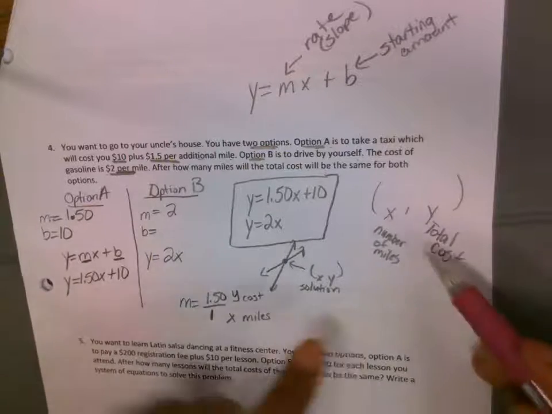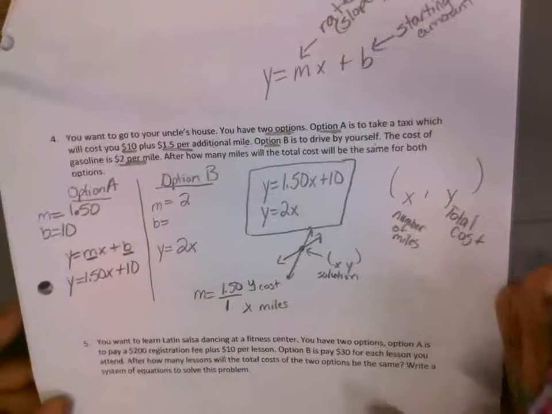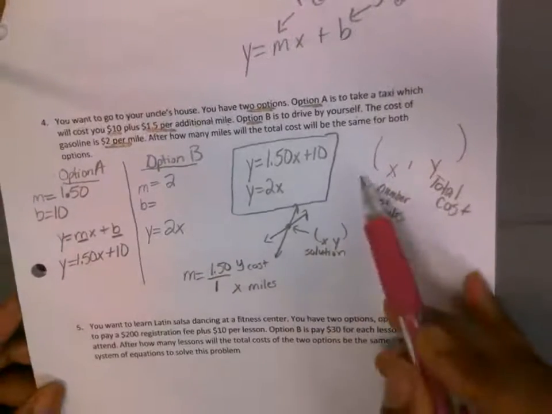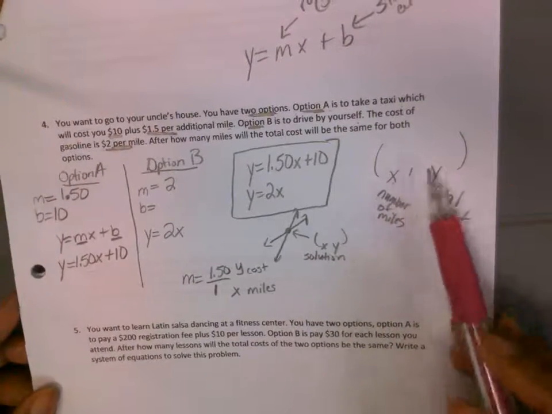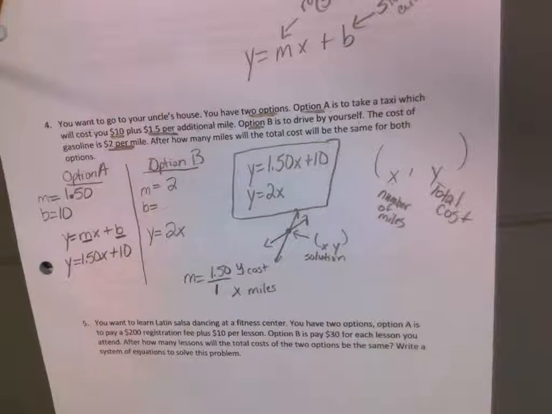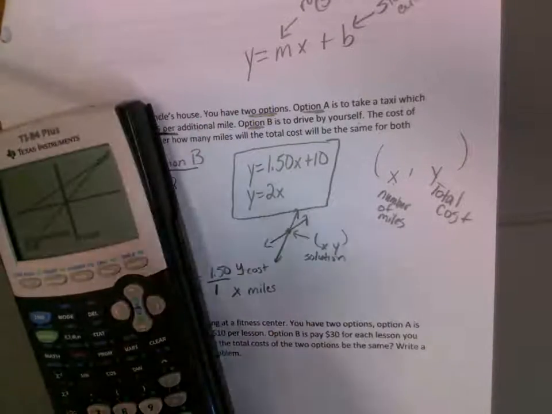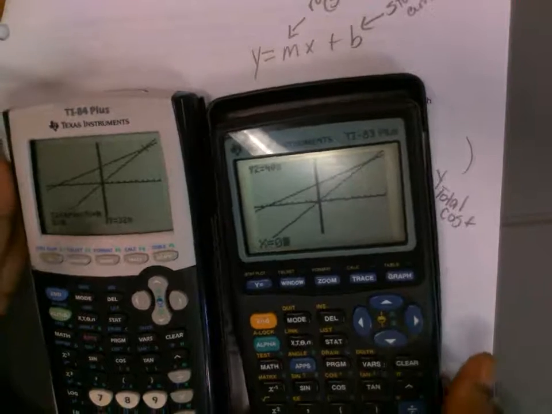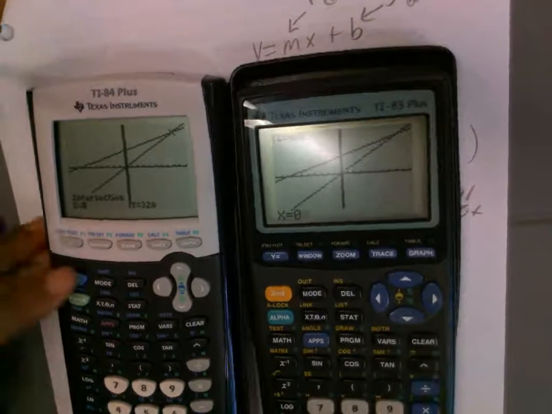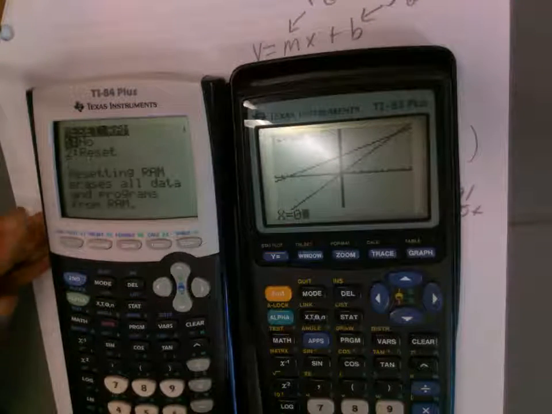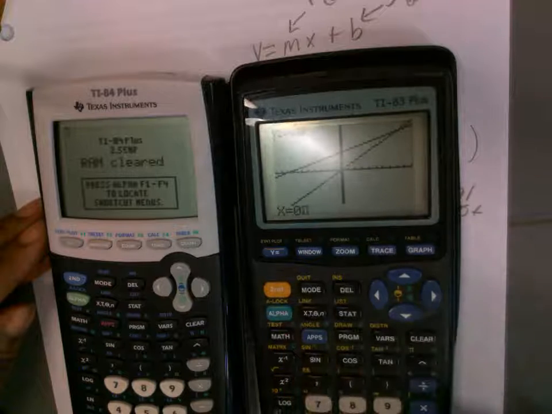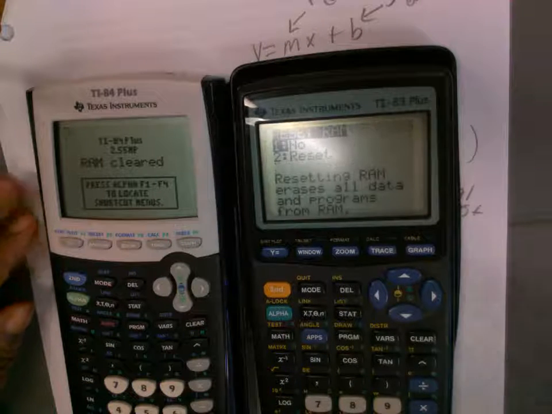All right, so now let's use our calculator so that we can get our answer here. Let's clear our calculator like we did before. Second plus 712.